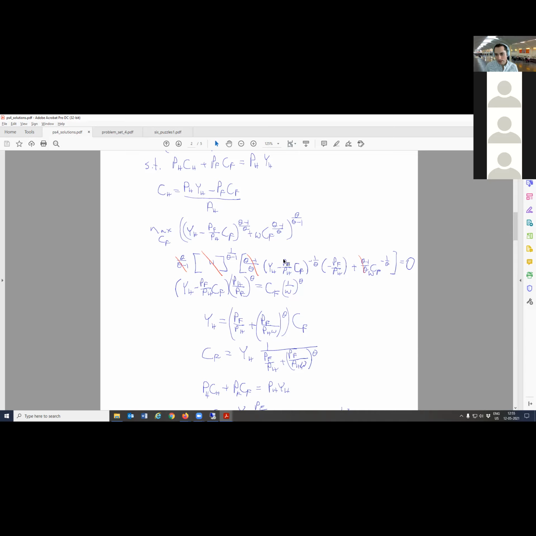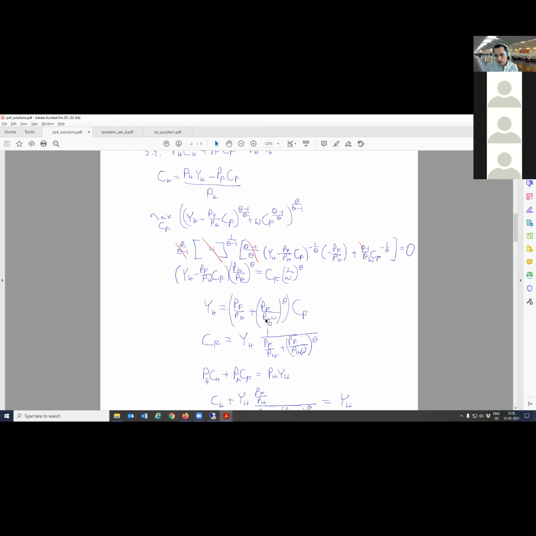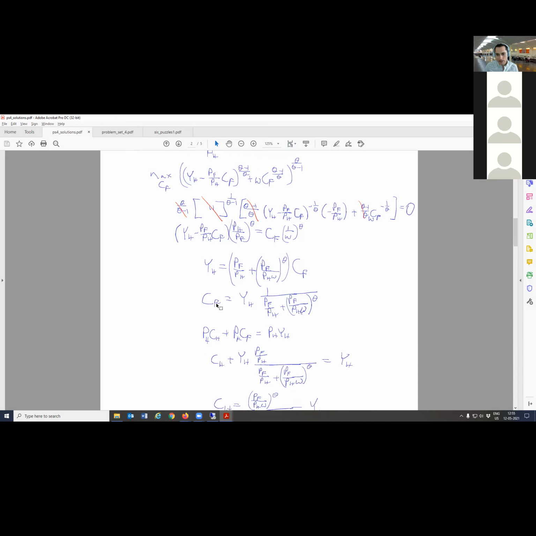What we're left with is this thing with a negative sign on it, and this thing, CF to the power negative 1 divided by theta. I move this to the other side and get rid of the negative sign, and I end up with this expression. Doing a little more manipulation, you can end up with CF. So here's the optimal level of consumption of the foreign good: it's the home endowment times this term here.